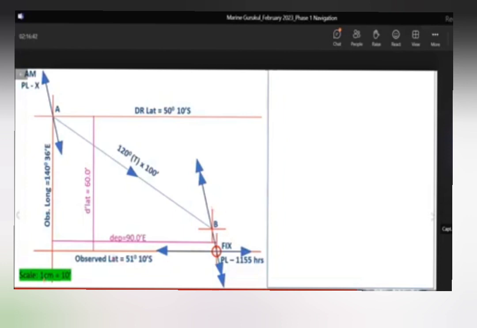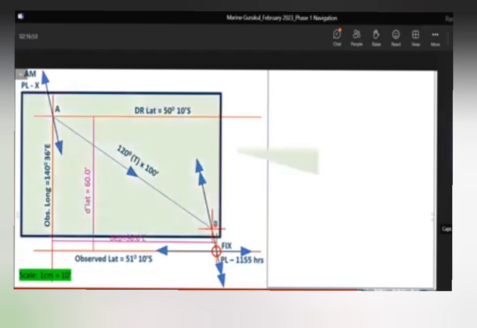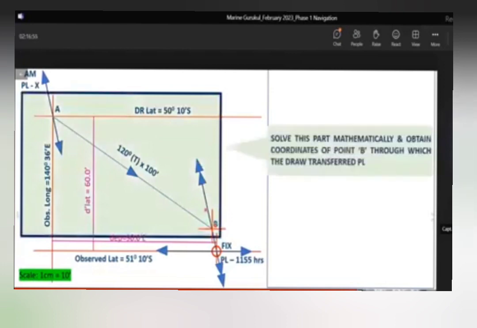What do we need here? We actually need to know the coordinates of point B through which the first PL has been transferred. So we could consider solving this part of the question mathematically by plane and parallel sailing so that we can get the coordinates of point B. Once we get the coordinates of point B mathematically, which means we get a point through which to draw the transferred PL, the direction of the transferred PL shall be the same as the direction of its PL in the morning.